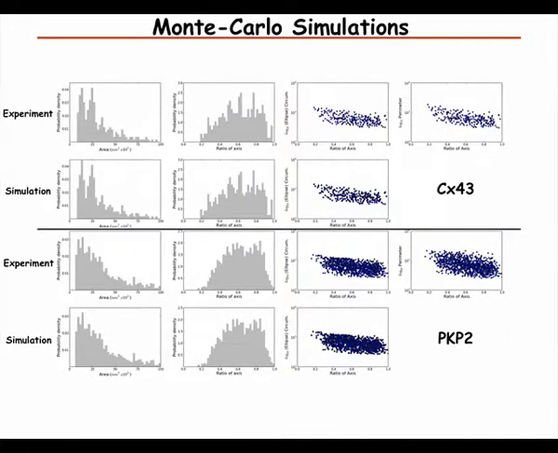So we take the experimental measurements and randomly sample from these, both for connexin 43 and plakophilin 2. This shows the experimental distributions, and in the simulation we can successfully sample from these same distributions.